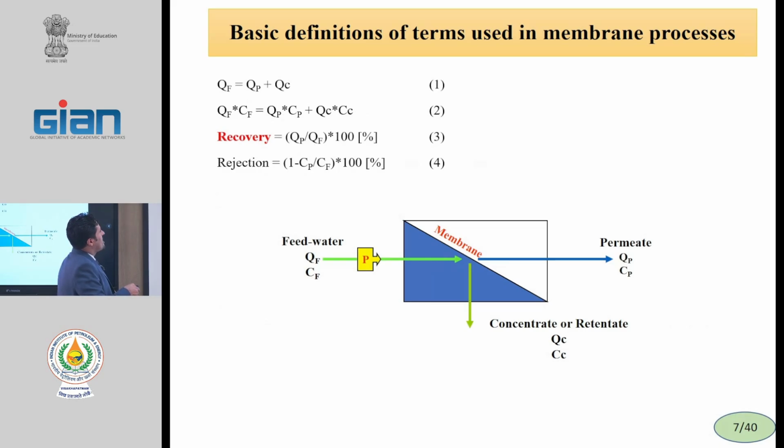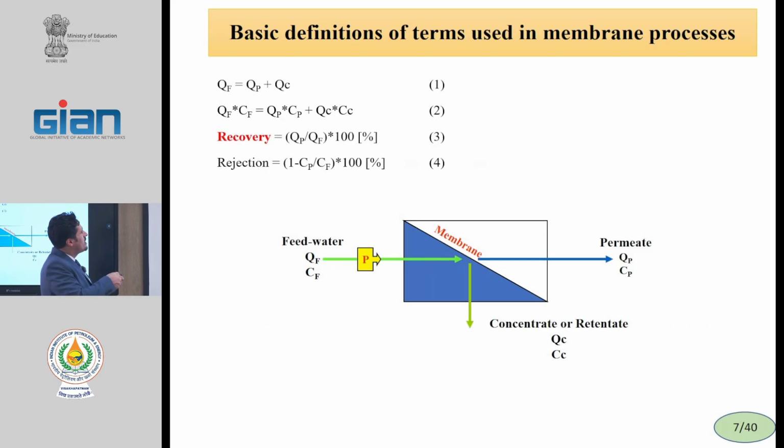I defined the rejection that shows the ability of separation, but we also have recovery. What is recovery? Recovery means how much of the feed results in our product. In this case, usually the permeate is our product.